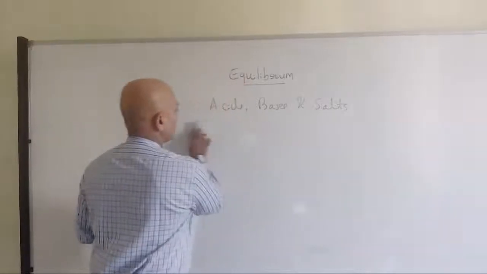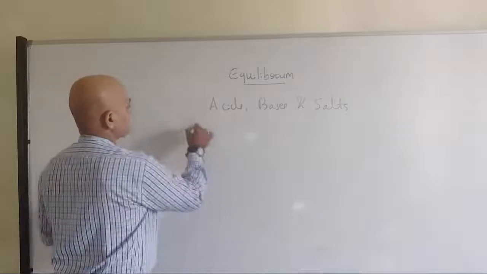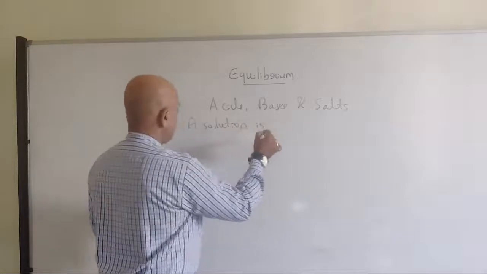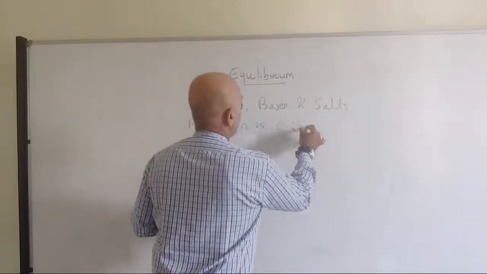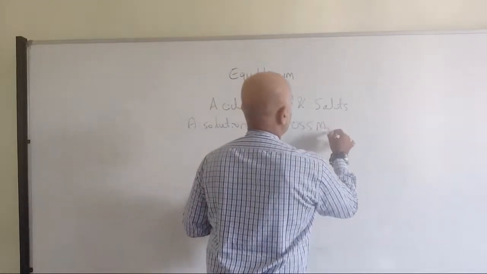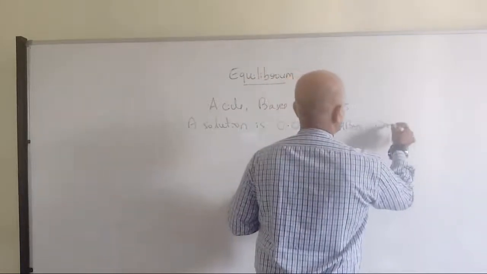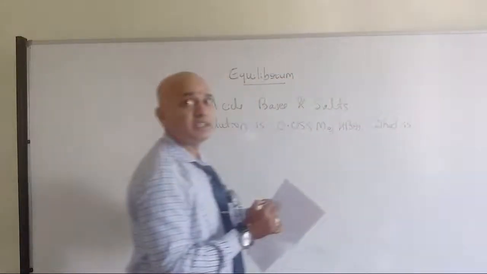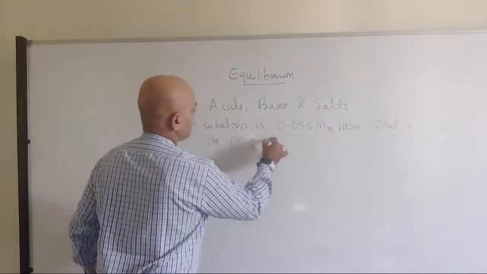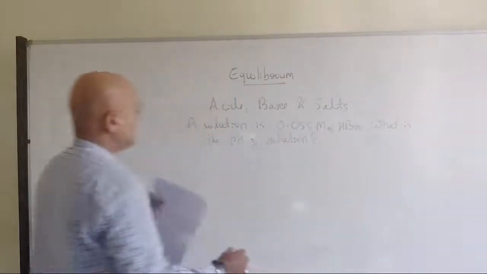A solution is 0.055 molar of HBr. What is the pH of the solution? So that is the question.